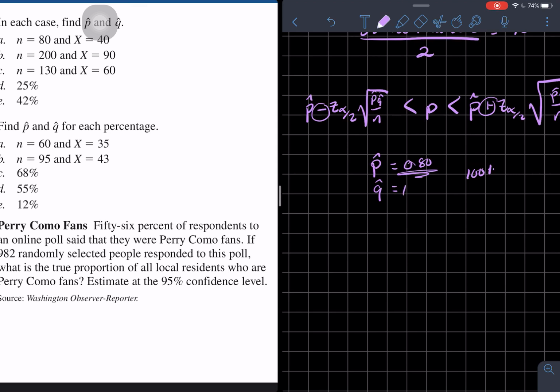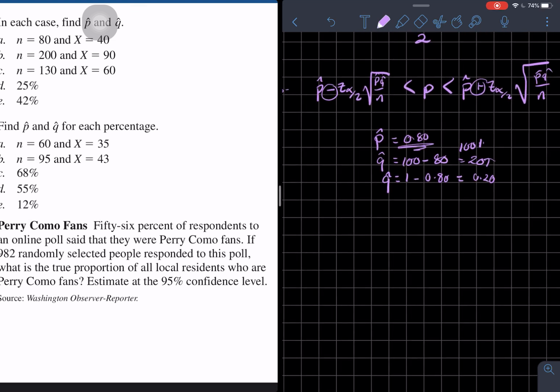So it's 100% minus the 80% who liked my food, equals the 20% who said that my food is bad. Again, we don't want to work with percentages. We would rather work with decimals because that's how we're going to use them in calculation. So instead of 100, it's just going to be 1 minus 0.80 to give me 0.20. Now, what is that telling me?